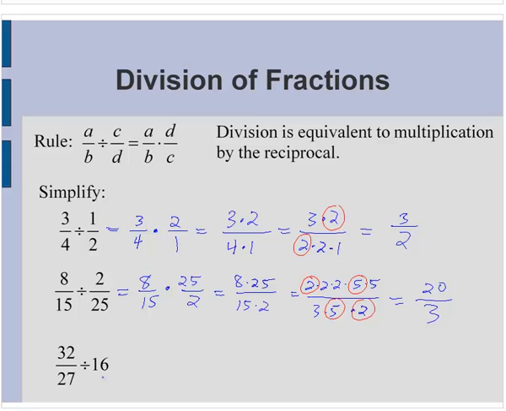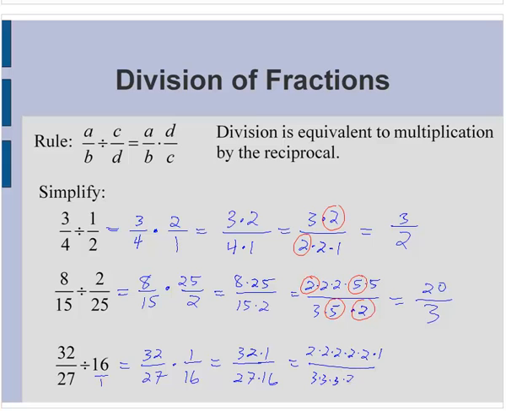32 over 27 divided by 16. Remember that 16 can be thought of as 16 over 1. So we can think of this as 32 over 27 times 1 over 16. So that's 32 times 1 over 27 times 16. 32, let's see, 32 is 2 times 2 times 2 times 2 times the remaining 1. 27 is 3 times 3 times 3.